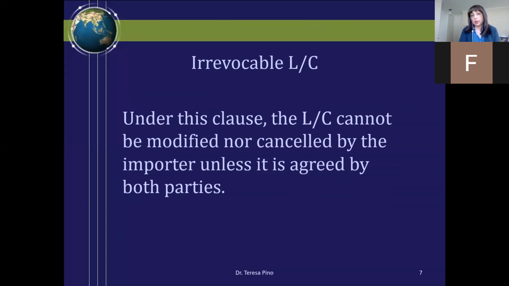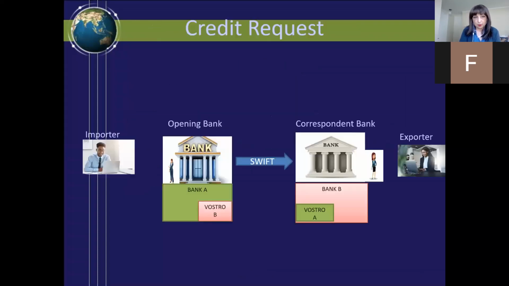It is always recommended for an exporter to request an irrevocable letter of credit because, as I told you before, the importer is the customer of this bank, and he may request the teller to make it revocable.